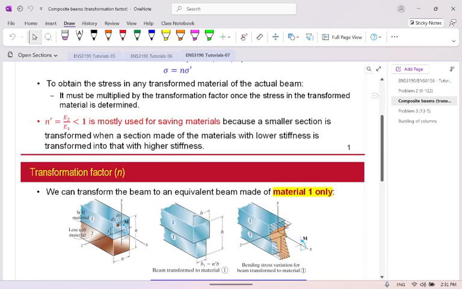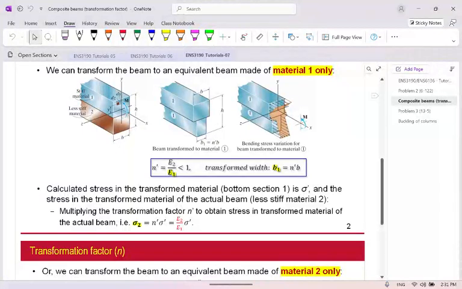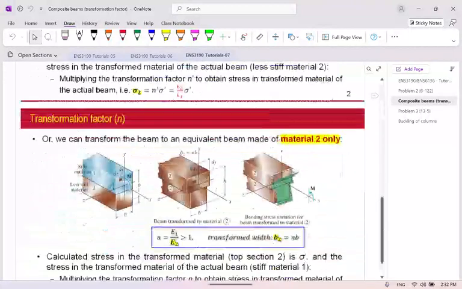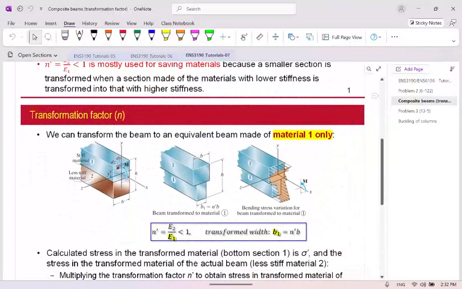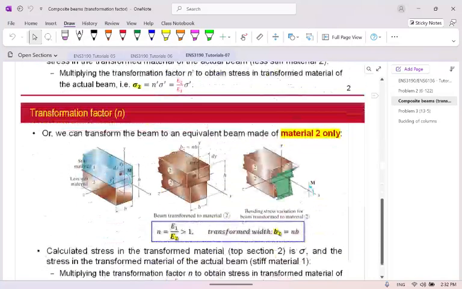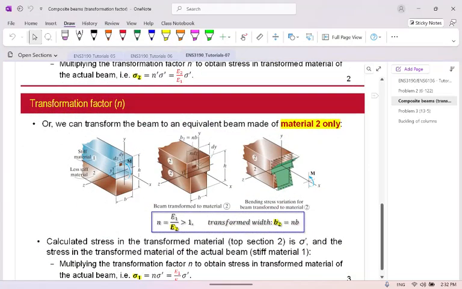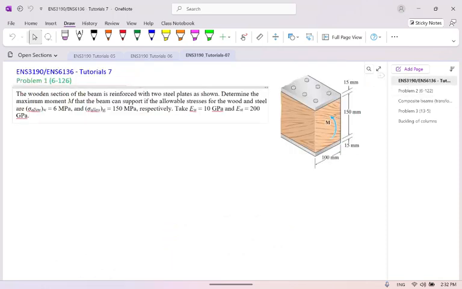There are two ways: transform from high stiffness to low stiffness, or from low stiffness to high stiffness. It doesn't matter which way to use, but we must know what kind of material should be transformed, and then the equation will be used.